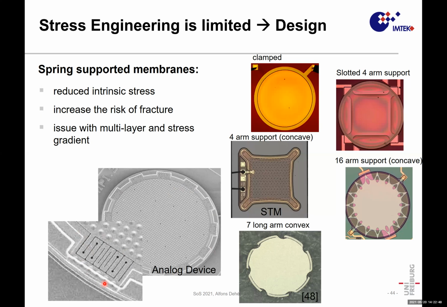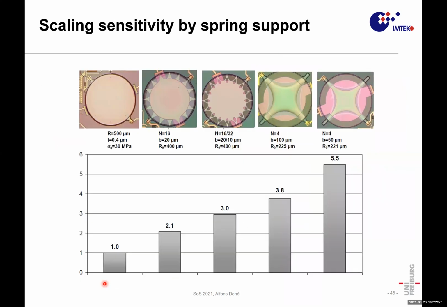So this is the idea. We have a given material and we design the sensitivity or compliance of the diaphragm by layouting it. It is just one of the measurements, characterizations and simulations of diaphragms with circular clamping, and then you make it softer by spring supporting until here you have only 4 narrow support arms of your diaphragm.